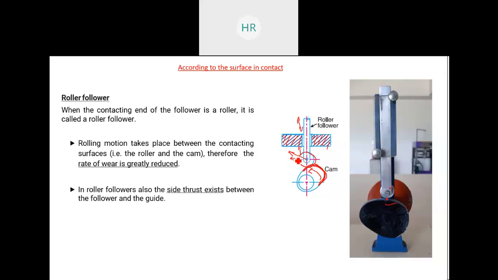But this sideway motion is constrained by this guide. This guide will not allow our follower to move sideways. So because of this restricting motion, this thrust will be generated. So side thrust exists between the follower and the guide.